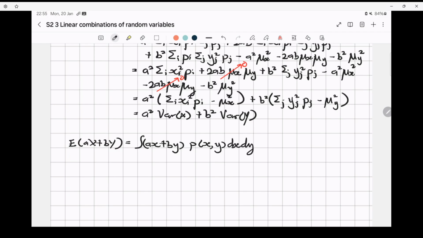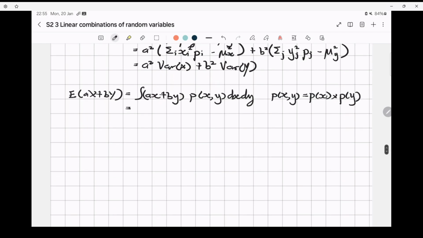If it is independent random variables, pxy equals px multiplied with py. This is by definition again. So therefore, this whole thing becomes the integral of ax plus by, px py dx dy.